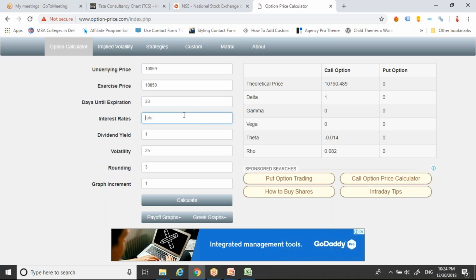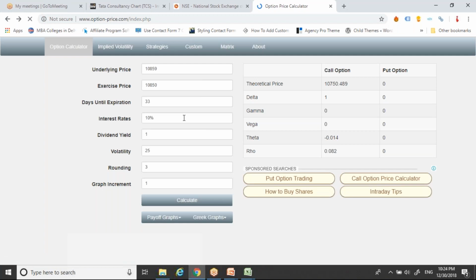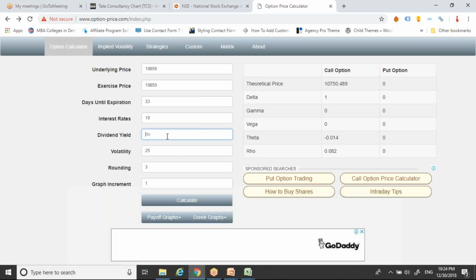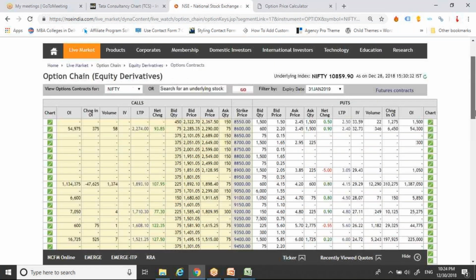Interest rate you have to take by default here is the MIBOR rate, Mumbai Interbank Offer Rate, or you can take around 10%. So that is like 10%. Dividend yield is 0. Now volatility, you have to check the implied volatility of the strike price.